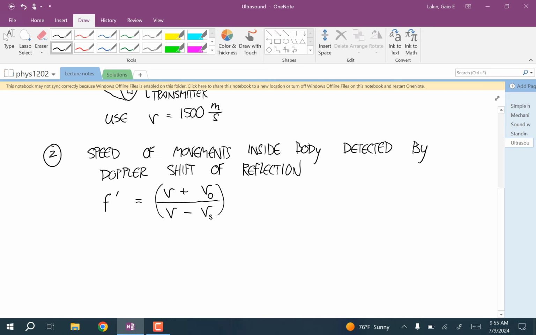That V sub S would be negative in the case that the source is moving away. And then you multiply this by the frequency.